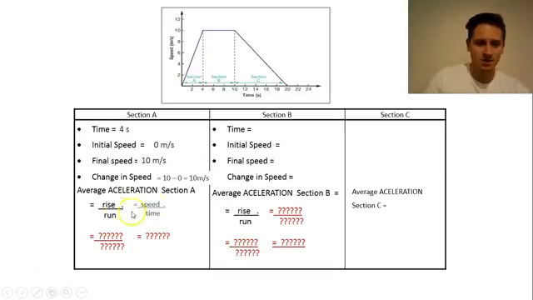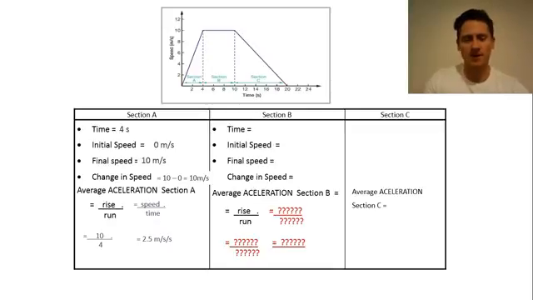So the acceleration, you want the rise over the run. And we've just done that. The rise is the change in speed, so 0 to 10 is 10. And the run is how far along you go. So that would be 10 divided by 4. 10 divided by 4 is 2.5. So the acceleration from here to here is 2.5 meters per second squared.